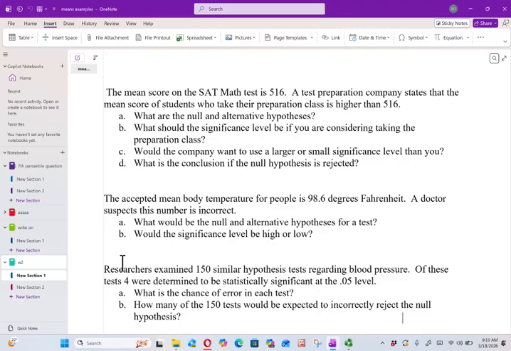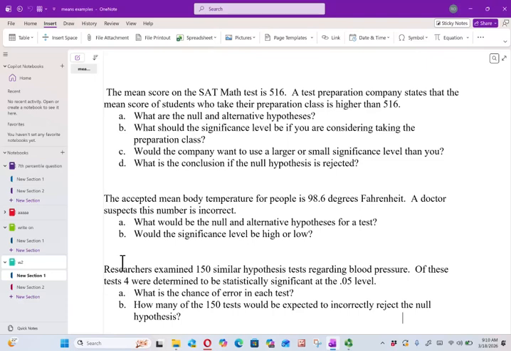What's the null hypothesis? If this company wants you to take this class, what's the null hypothesis? Actually, it's easier to do. What's the alternative hypothesis? What does the company want to prove? That the test result will be higher.